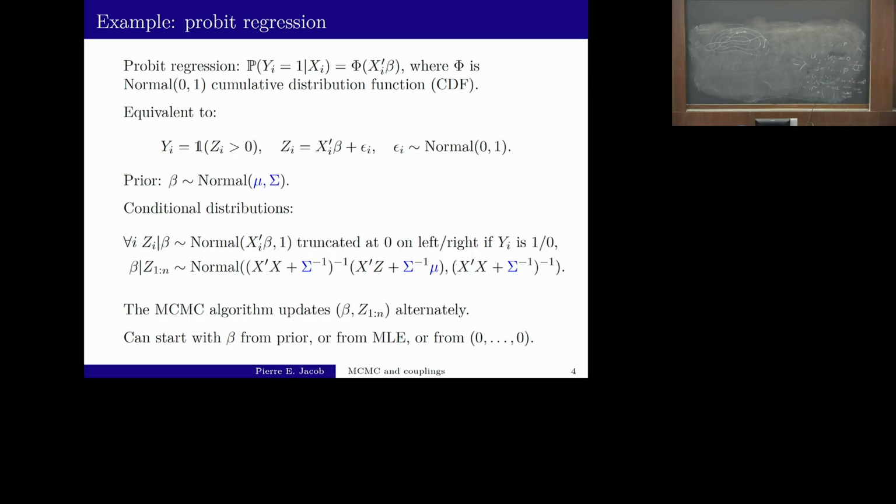But if you condition on the Zs, again, like the model, beta only appears in this part of the model. Right? So if you condition on the Z, you can sort of temporarily forget about the Ys, as it happens. You can do a graph of the variables and their dependencies.